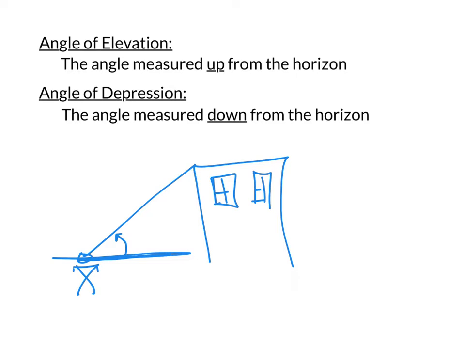An angle of depression would go from maybe the top of the building measured down. If the observer were looking down this way, maybe to the bottom of the building because their eye level is up above it, that would be an angle of depression as well. Anytime we look up is elevation, down is depression.